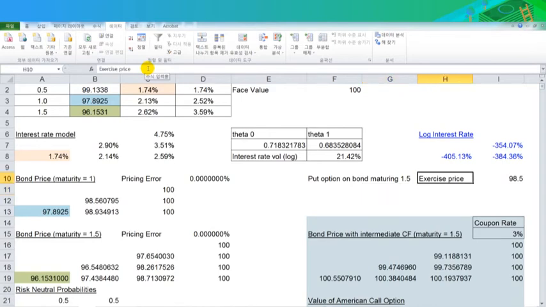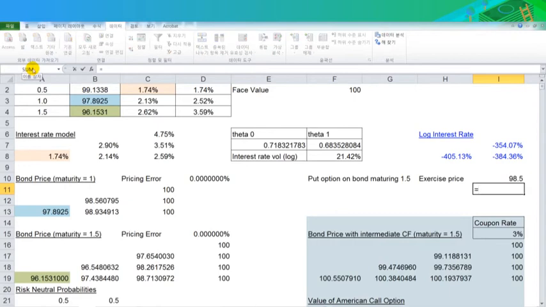Let's call this exercise price of the put option K. The bond matures in 1.5 years, and the maturity of this put option is 1 year. So 1 year later, we have these 3 values, and depending on them, we have 3 values for the put option.